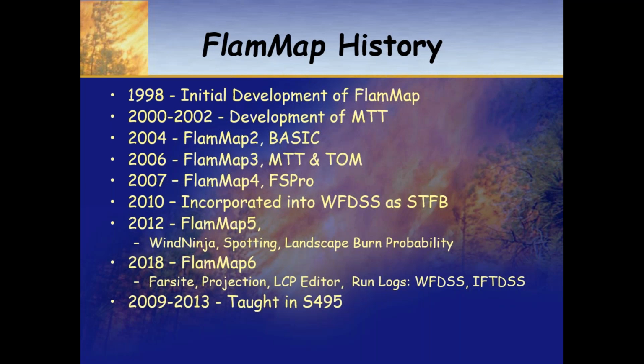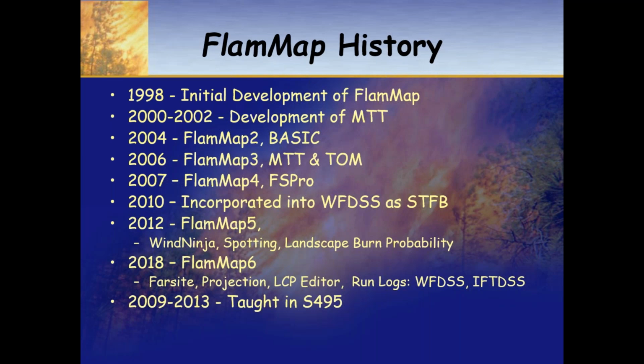In 2006, FlamMap 3 was released and came with the minimum travel time, so you could look at fire spread. And that also included TOM, which is the treatment optimization model, as well as basic. In 2007, WFDS was starting to be developed, and we needed a way to do fire spread probability before WFDS formally existed.